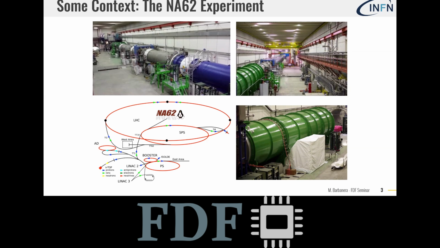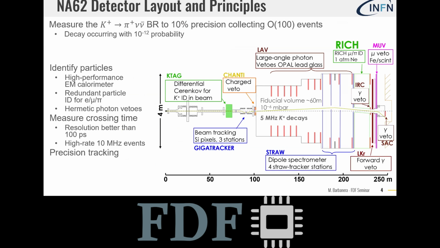So the idea of the NA62 experiment is to measure the probability of this branching ratio, which is this specific decay of positive kaons into positive pions and neutrino-antineutrino, which occurs with a very low probability, 10 to the minus 12.